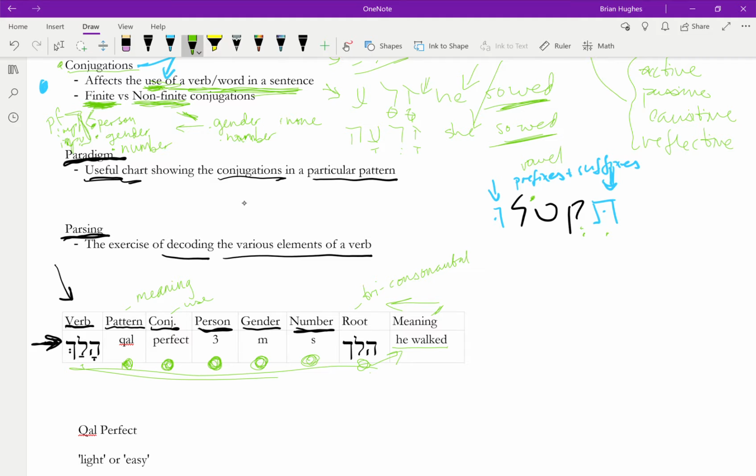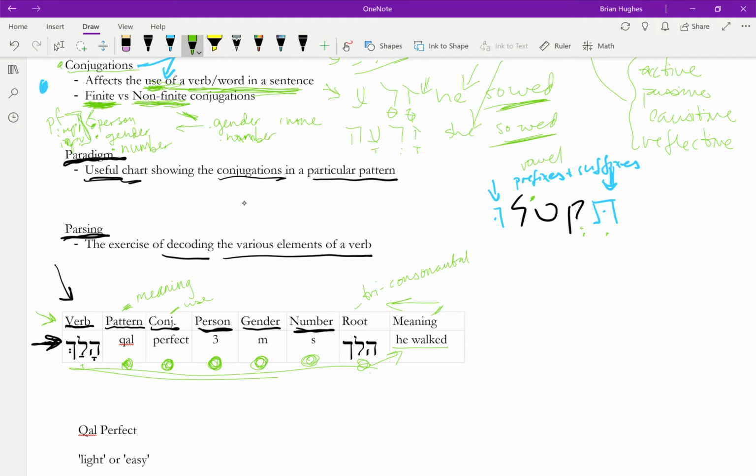I feel like there was something else I was going to say about this. I don't remember. Yeah, so we're going to be doing these. Parsing, we're going to be doing a lot. Again, because verbs are the workhorse of the Old Testament, a lot of our course is going to be, okay, now we're going to learn this pattern.